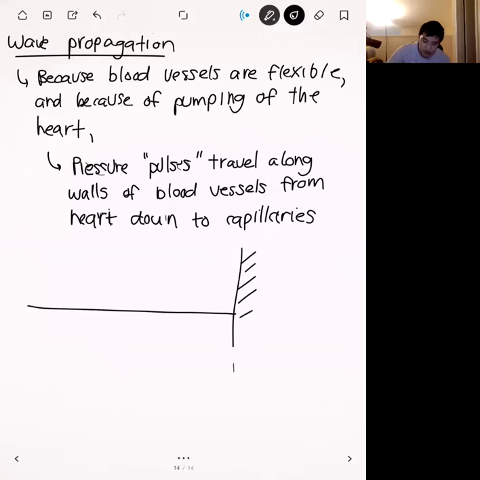Okay? And so say that you have a string that's attached to a wall, or maybe it's attached to your guitar, right? So that's kind of the big example for this. Okay. And because this string is flexible, when we put a pulse on the string, we have a wave that shows up, and this wave is going to travel down the string at a finite speed.